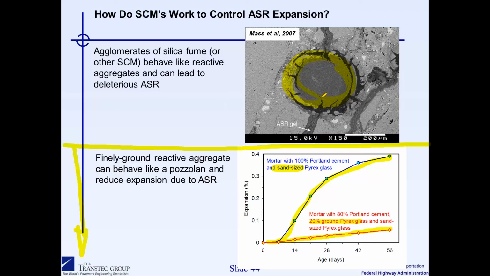And this consumption of the alkalis by the very finely divided silica occurs before the alkalis can actually attack the larger particles of reactive aggregate. So it's a competition, if you like, between the pozzolan and the reactive aggregate. Fortunately, provided we have enough pozzolan in there, the pozzolan will win.